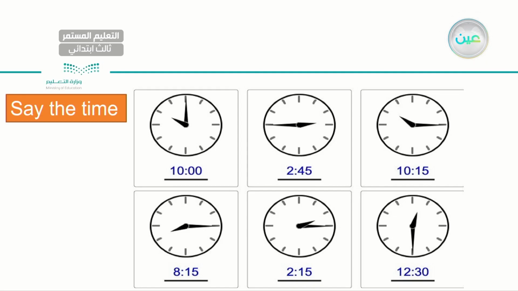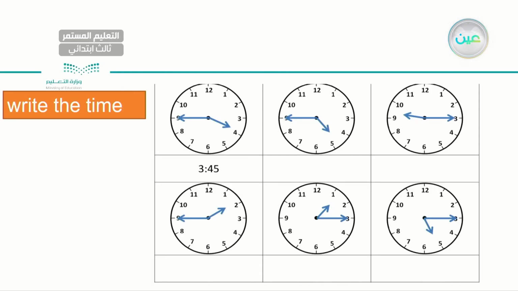Below I have 8:15 or quarter past 8. Next I have 2:15 or quarter past 2. Last one I have 12:30 or half past 12. Very good. Excellent, my dear student.